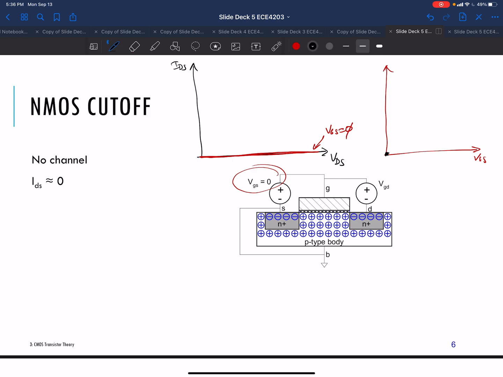I need to be making this IDS. So in this case, the gate source voltage is 0 or otherwise below the threshold voltage, so let me write that down: VGS is less than VT. And basically this device is off because there's no way for the current to conduct from source to drain.